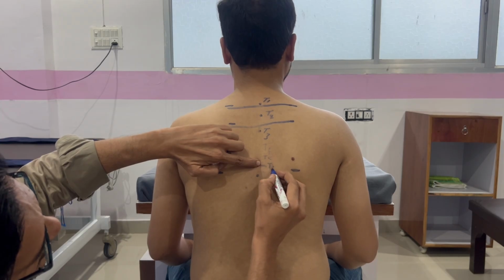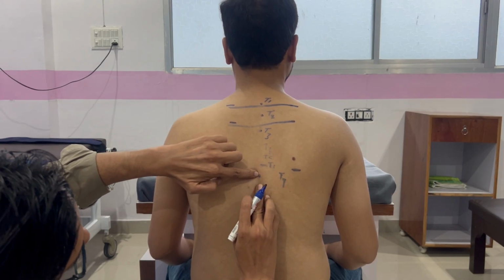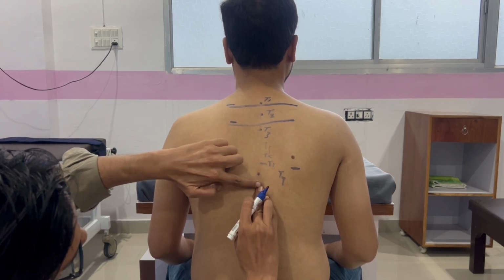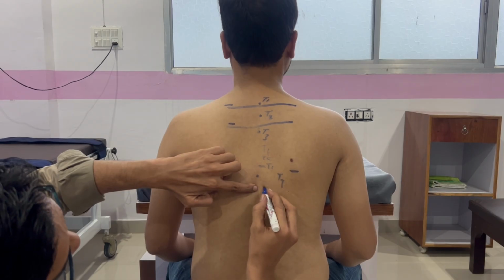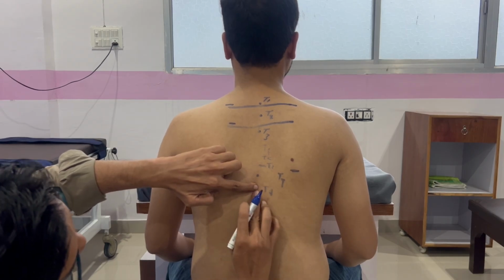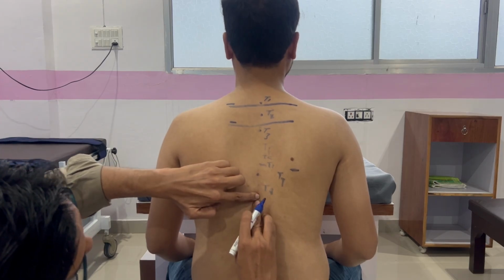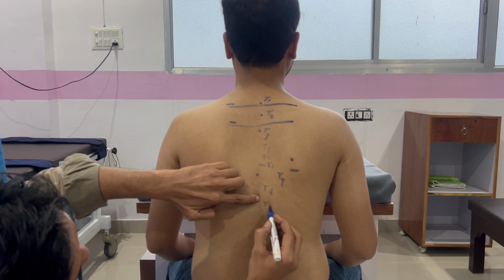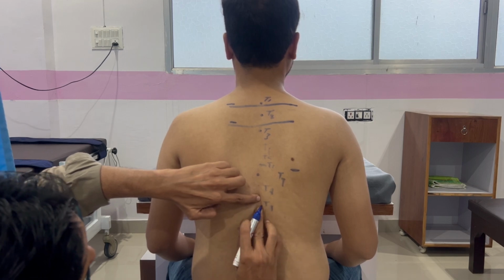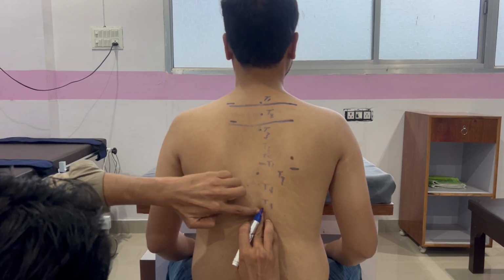This is T6 and T7 is already marked. Slide down, try to identify. This is your T8. Again slide it down, identify the bony edge or prominence over here. This is T9.